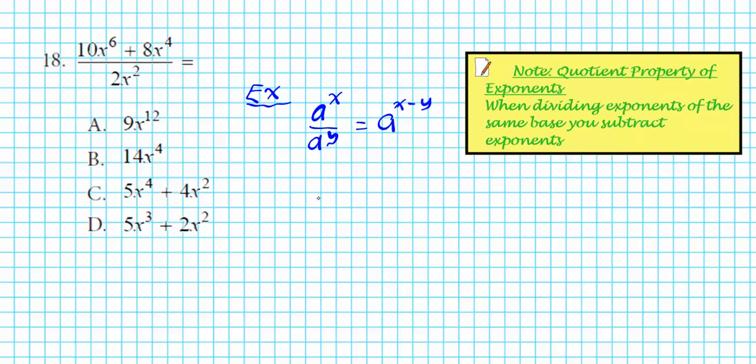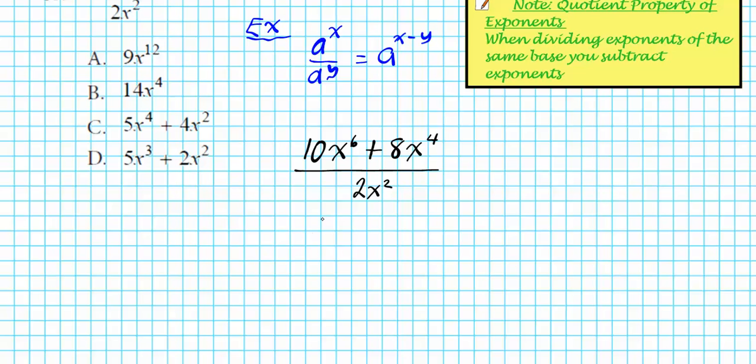So let's go ahead and apply that here. We have (10x^6 + 8x^4) divided by 2x². Since both terms in the numerator are being divided by 2x², we can split up this fraction. We can write this as 10x^6 divided by 2x² plus 8x^4 divided by 2x².